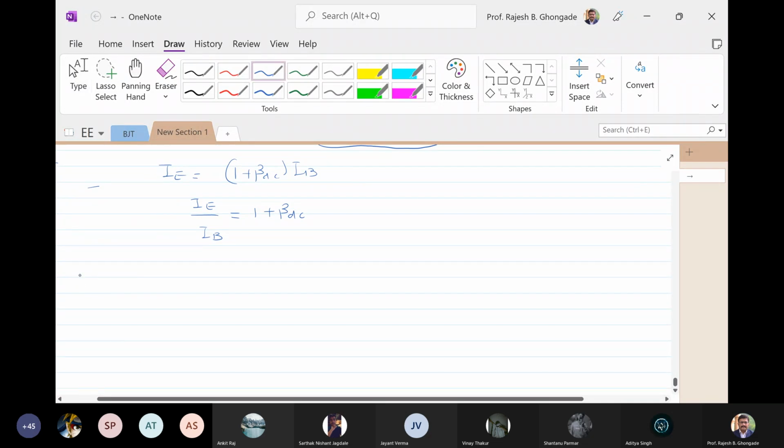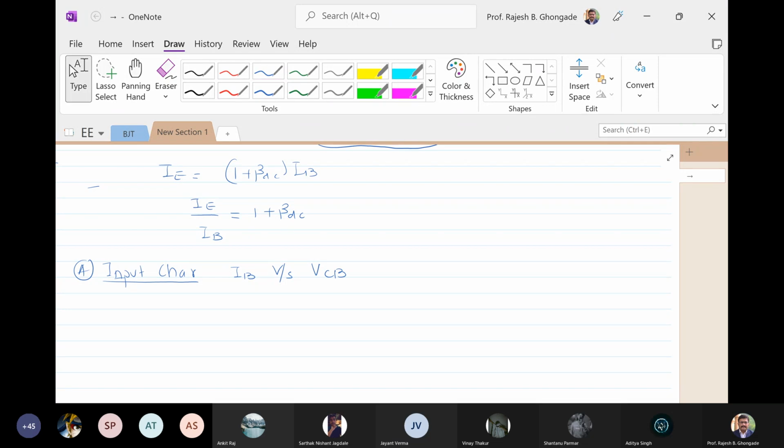We'll start with A, input characteristics. Input characteristics will be what versus what? IB versus VCB. I told you earlier.